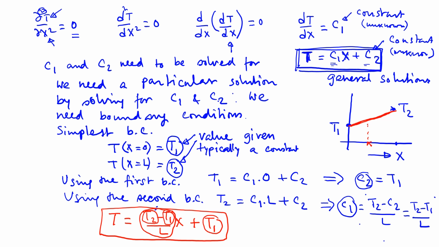For this simple condition, a Cartesian geometry 1D, where you have a temperature or value given at one end and the value given at the other end, the solution is a straight line.